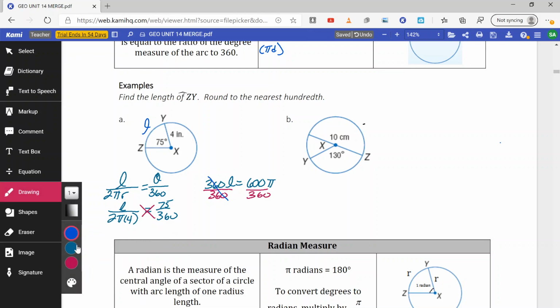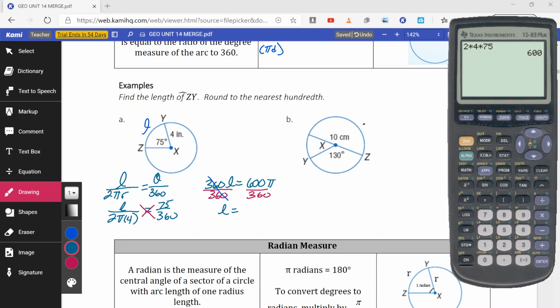Those are going to cancel out. So I'm left with L equals 600 pi, and the pi symbol is in yellow above the little caret symbol on the right-hand side, so it's second caret that gives me the pi symbol. And then we divide by 360. I get an approximate value of 5.2359, round to the nearest hundredth, so 5.24.